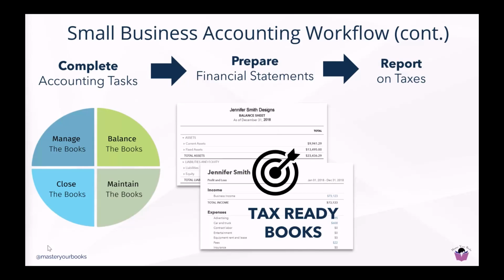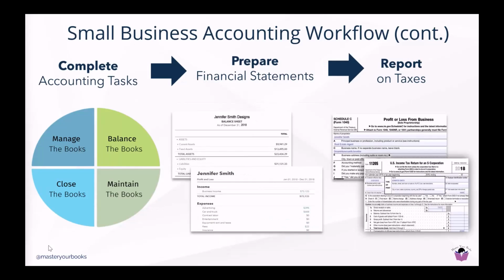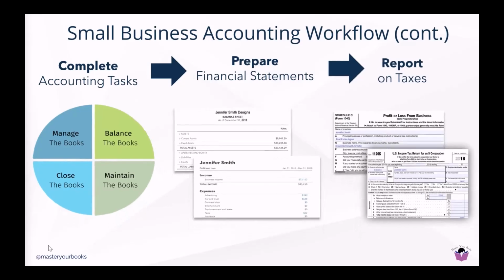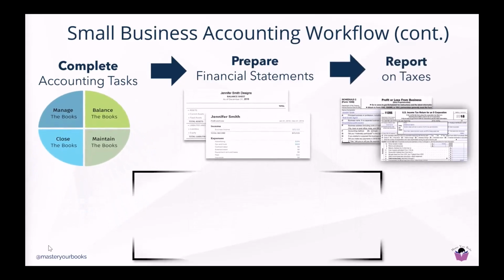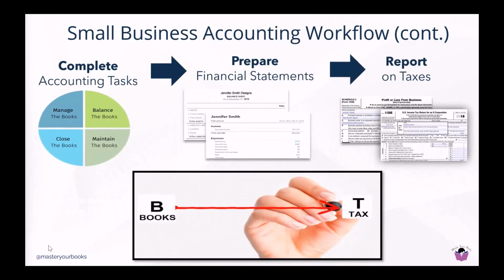So completing accounting tasks essentially means you're also preparing tax-ready books, which means you will be ready for the third stage, which is that financial data, those financial documents, that financial information needs to seamlessly move on to the tax forms. But you can feel confident about that year round because you're completing this workflow. And that's how you move a business from books to taxes.